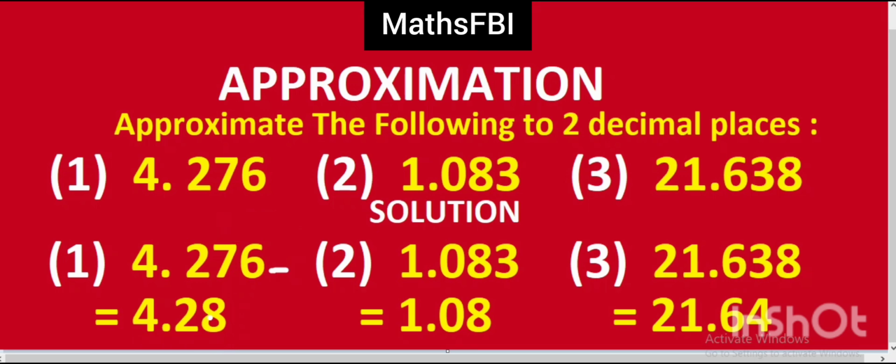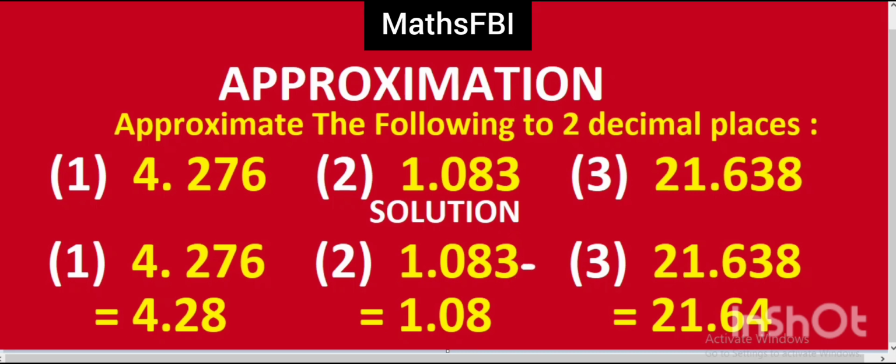All right, so let's go to the explanation for number 2. This is the number to determine how we approximate these 3 into 2 decimal places. So what do we do? 3 is less than 5.